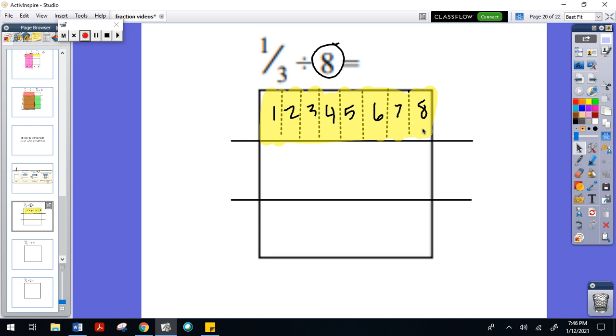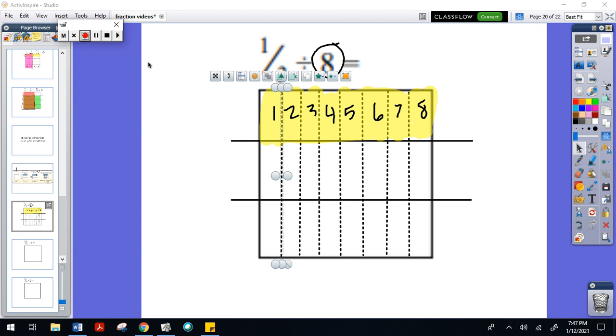Now, what we're going to do is we're going to take each one of these and we're going to extend it all the way down to the bottom of our shape. So once we have extended them all the way down to the bottom of our shape, we now are able to figure out our denominator. Our denominator is going to be what?